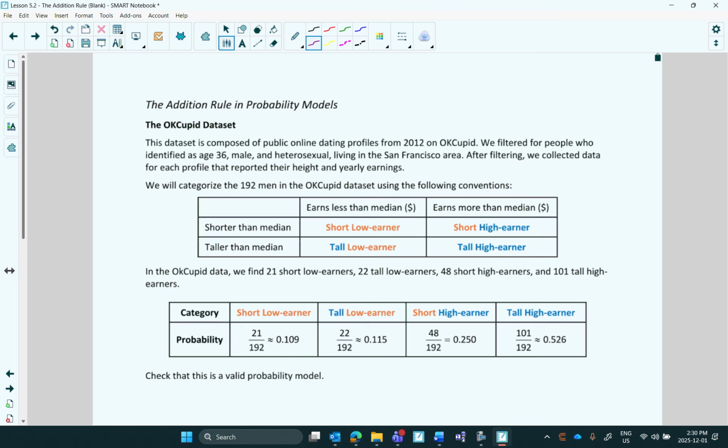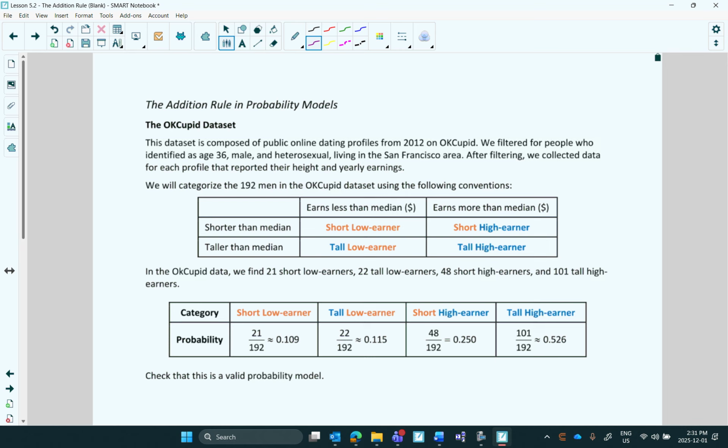This data set is public online dating profiles from 2012 on a site called OkCupid, filtered for people who identified as age 36, male, heterosexual, living in the San Francisco area. After filtering, they collected data for each profile that reported their height and yearly earnings, and it came down to these four characteristics.